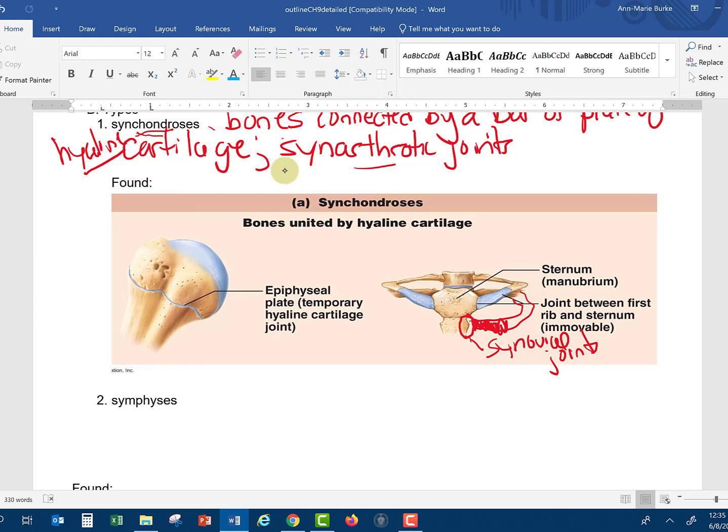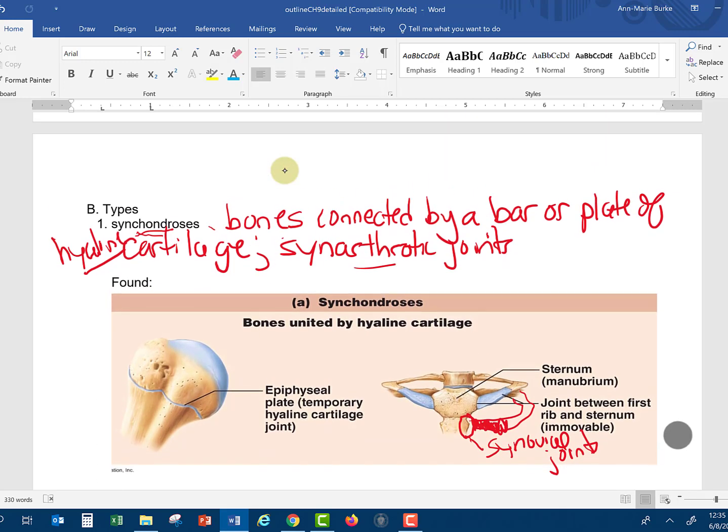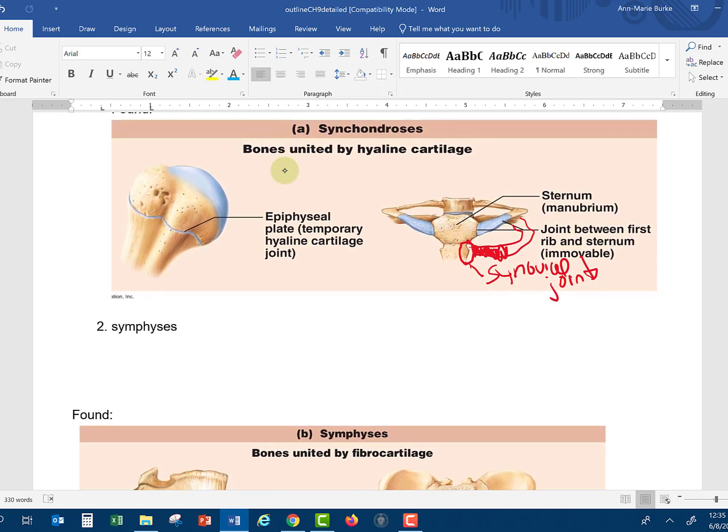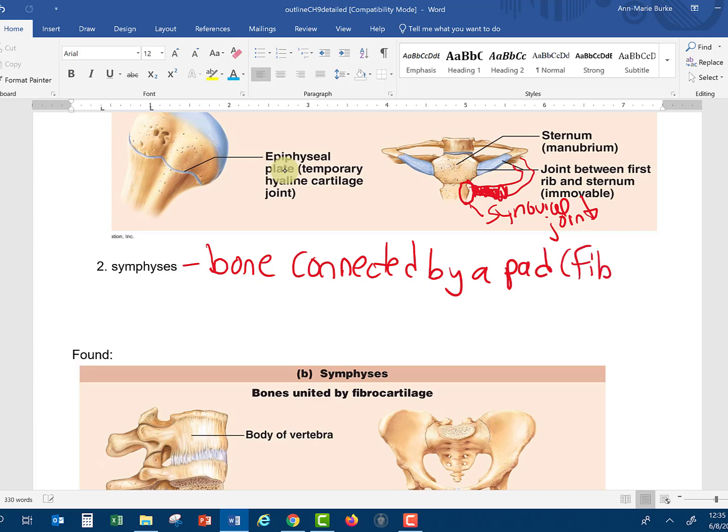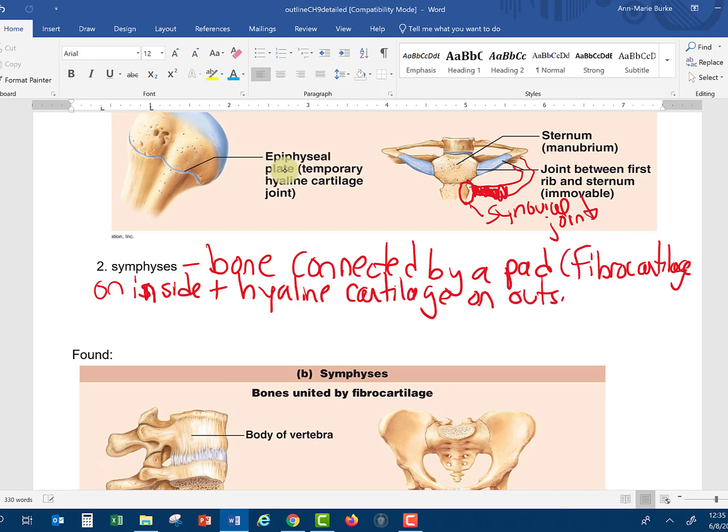Okay, so the other type of cartilaginous joint is called a symphysis. A symphysis is when the bones are connected by a pad of cartilage. This pad contains fibrocartilage on the inside and hyaline cartilage on the outside.